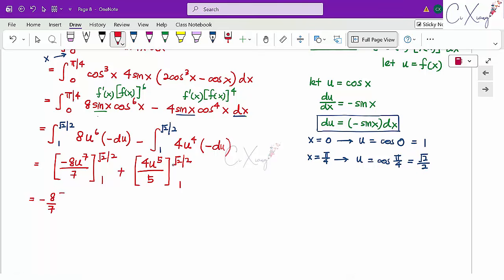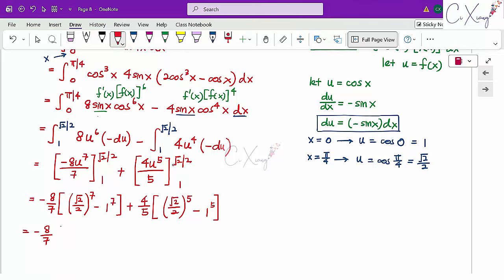I want to substitute in the limits. So I have root 2 over 2, power 7, minus 1 power 7. Then plus 4 over 5, which is a constant, so I prefer to take it out first. Then I have root 2 over 2 power 5, then minus 1 power 5. Now let us continue and simplify.